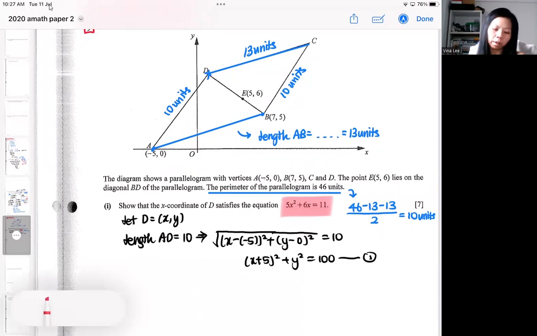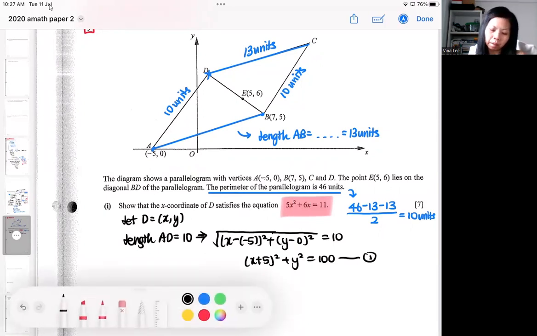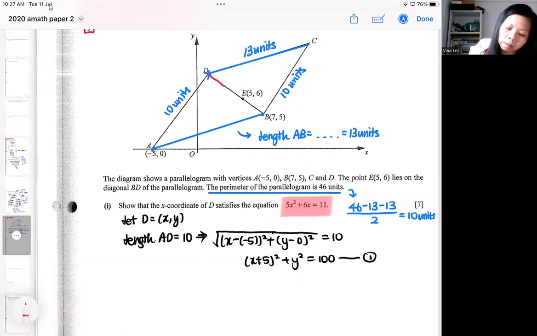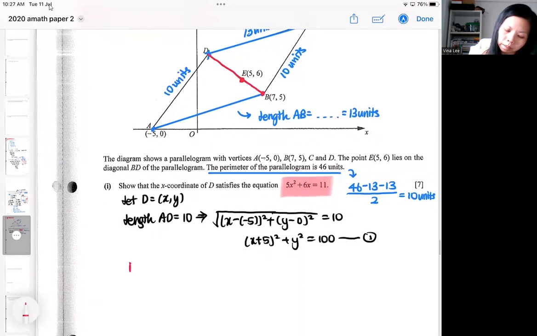So how do you get rid of the y? You got to find another property that involves D. So D is on the line EB. You can use these 2 points to find the gradient.